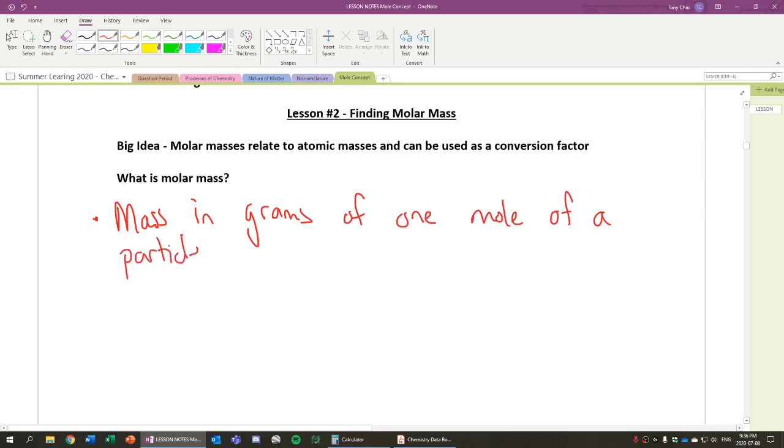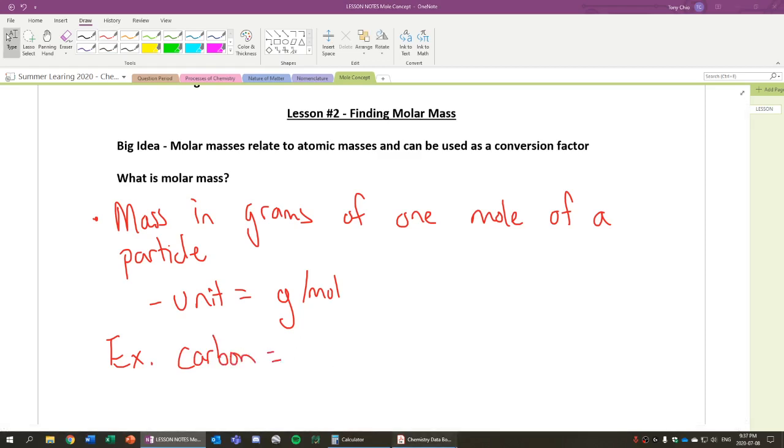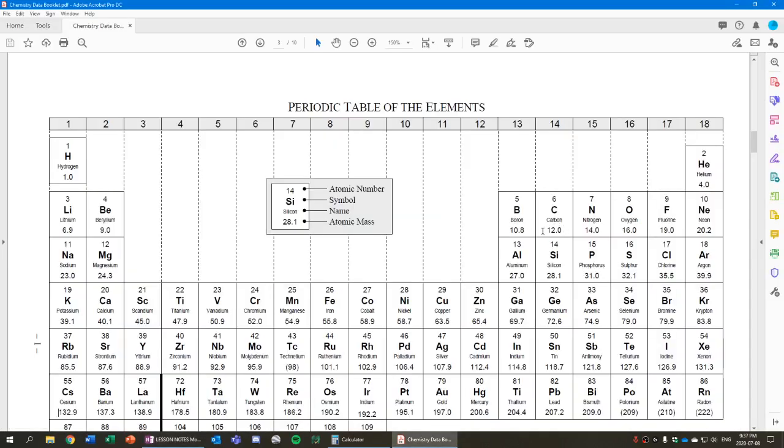And this particle could be, for example, an element, or it could be a molecule. The unit of it thus is grams per mole, because it's how many grams you have per 1 mole of that substance. So for example, carbon. If we look at the periodic table, we see that carbon is 12 grams per mole.